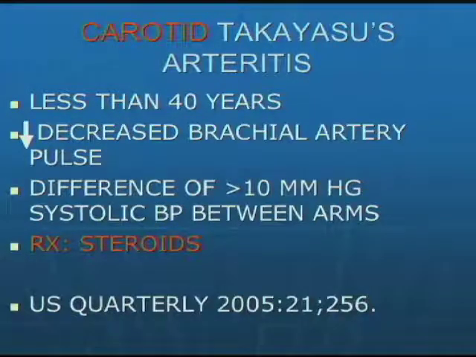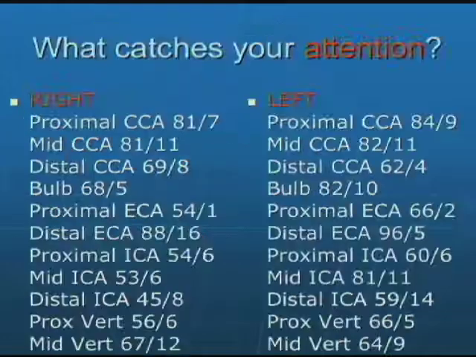Carotid Takayasu's arteritis also occurs in a young group, less than 40 years old, and it is associated with a decreased brachial artery pulse difference of greater than 10 millimeters of mercury systolic between the two arms. And there is a treatment for this disease, and that is steroids.